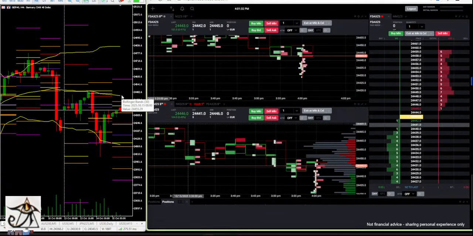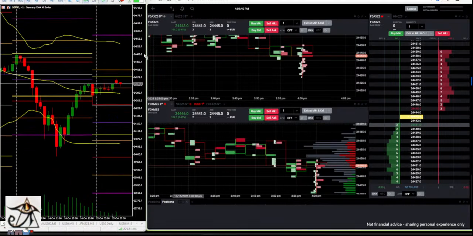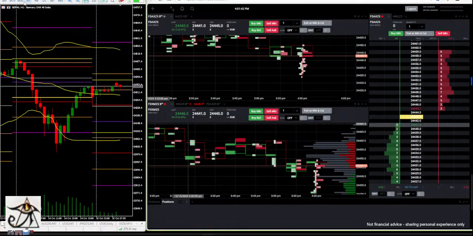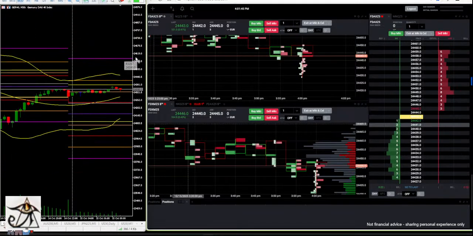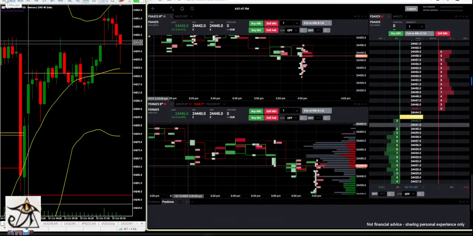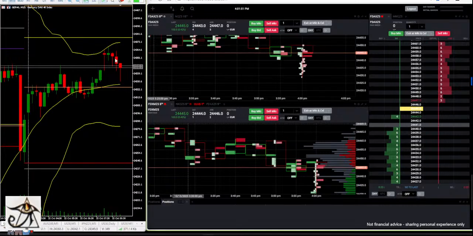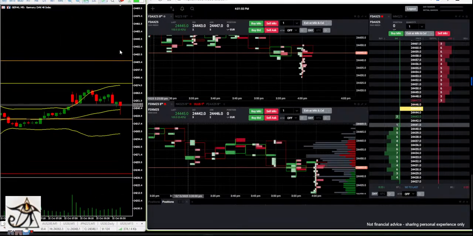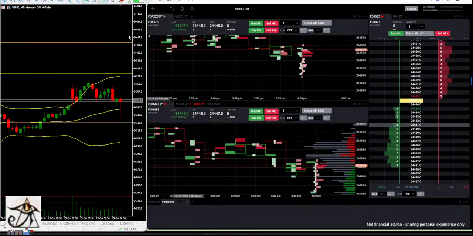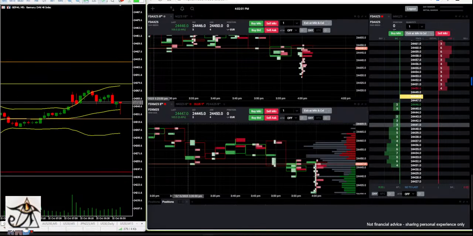So potentially we may come up and hit that middle band before we come back lower again, perhaps. The 1 hour doesn't really give us much. 30-minute doesn't give us much either. On the 15-minute, we touched the upper Bollinger Band there and made our way lower. And we're really just waiting it out. So hopefully we do get a nice spike up into, say, the R2. But we'll have to wait and see what transpires here.